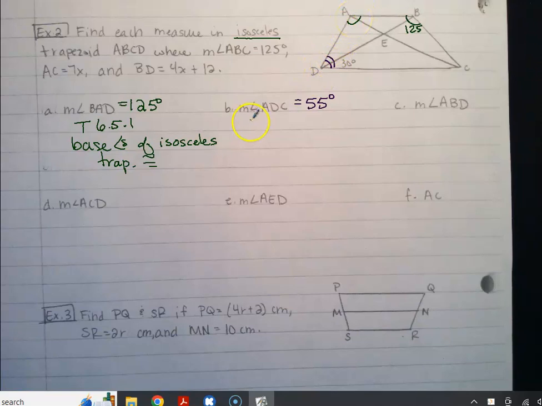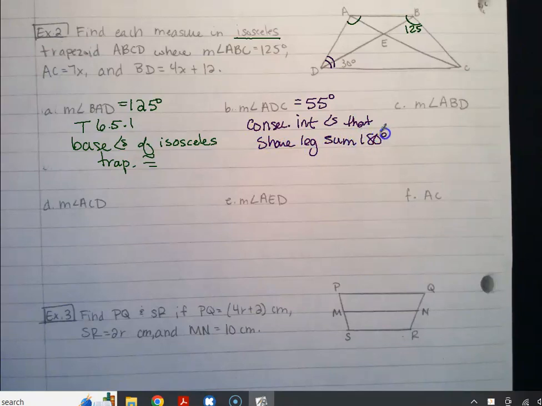Consecutive interior angles that share a leg sum to 180. So we could do 180 minus 125, which is 55 degrees.